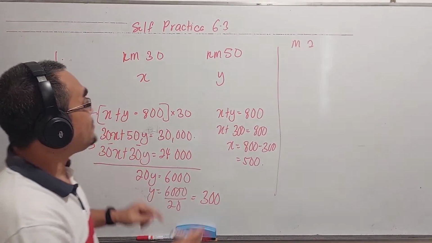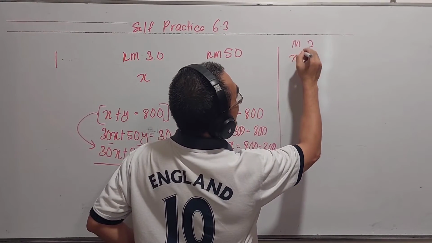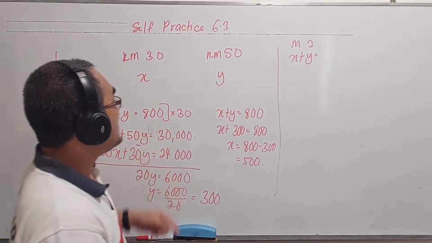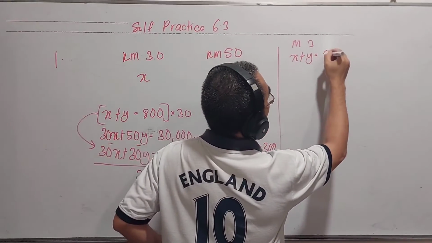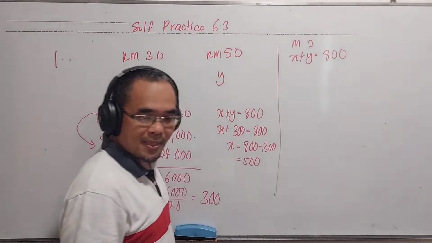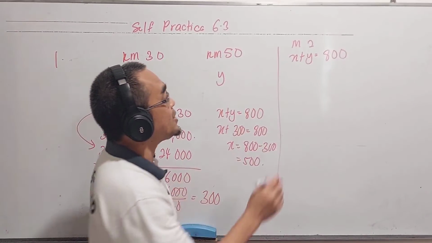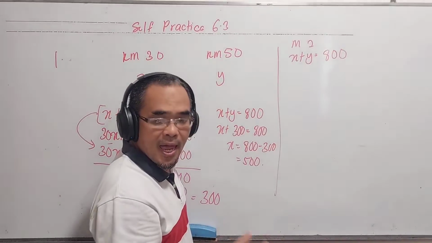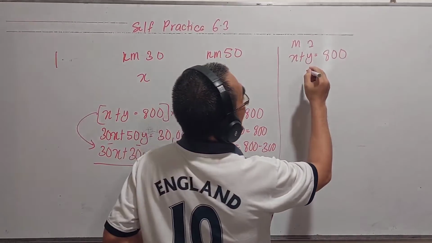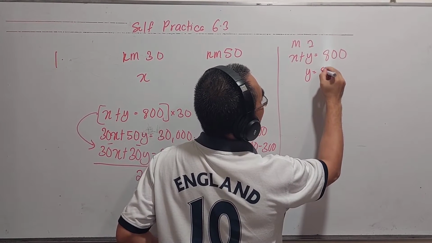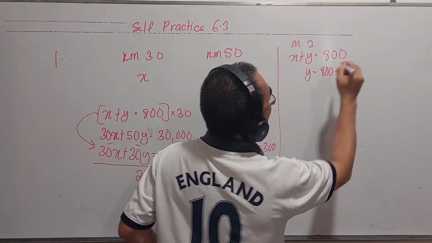You have to understand how to create the equation, but also how to solve using substitution method, that is, you take one of the equations and make one variable the subject. For example, if I make y the subject, I will say y is 800 minus x.